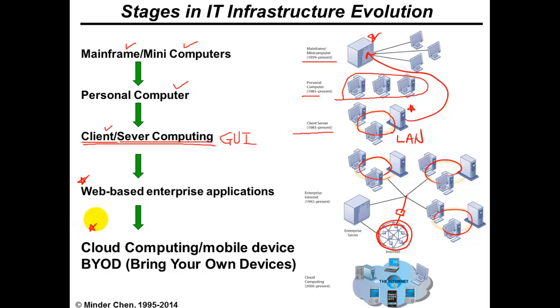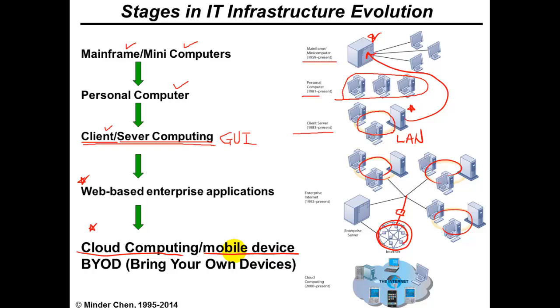And the most recent movement is towards so-called cloud computing, which we'll explain, and which is partially driven by mobile computing, mobile devices. Because mobile devices certainly have become more and more powerful, but at the beginning, they were not so powerful.